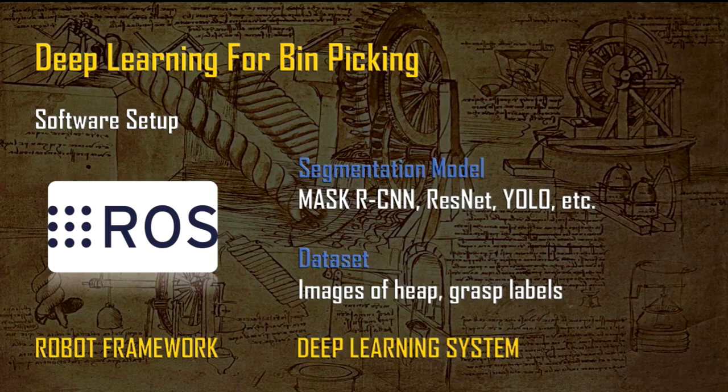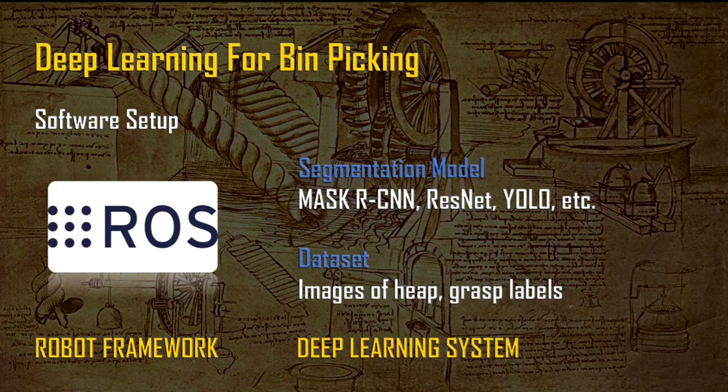For the software setup we have a robot framework, which could be ROS or any of the other frameworks that are being used. I'm using an image segmentation model, I'll explain how that fits into the pipeline, and a dataset which only consists of images of the heap and grasp labels.